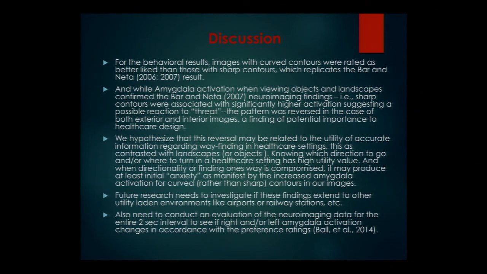Now, what does future research need to do? We need to find if other utility-laden environments like railway stations or airports are going to evoke that same kind of meandering anxiety that's associated with potentially a healthcare setting. We also need to find out if there's differential activation in the right and left amygdala because they actually show different kinds of response to different kinds of threat.